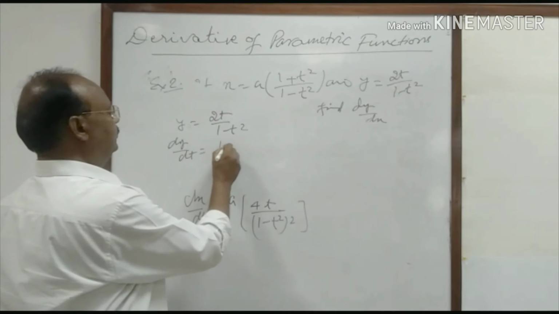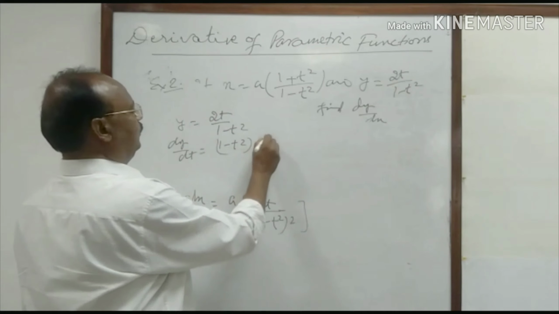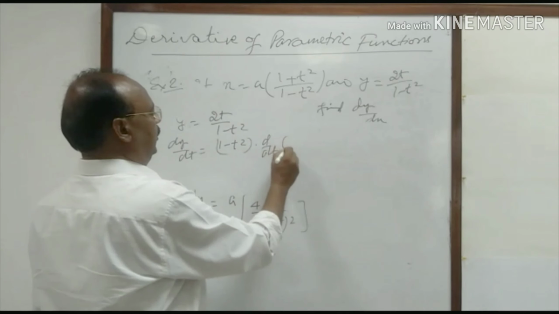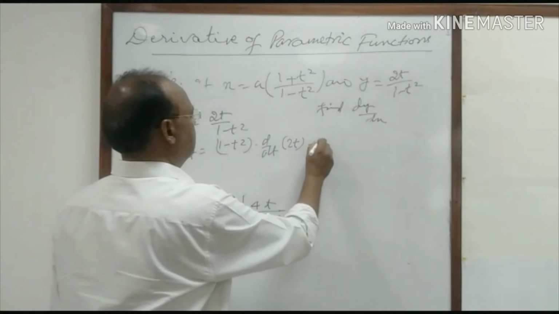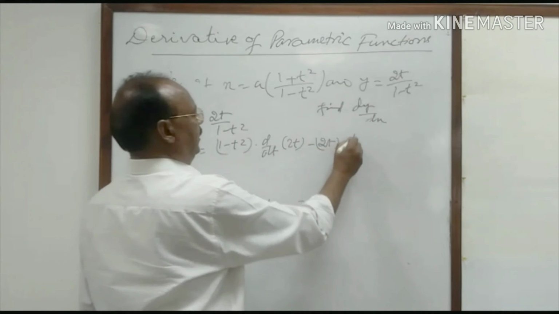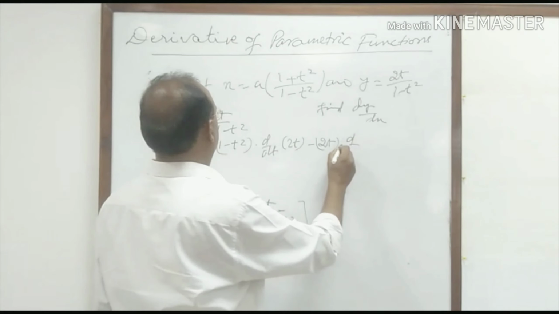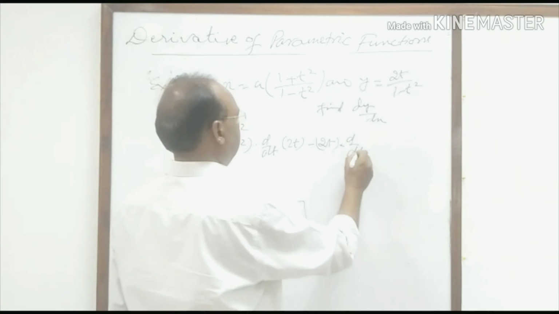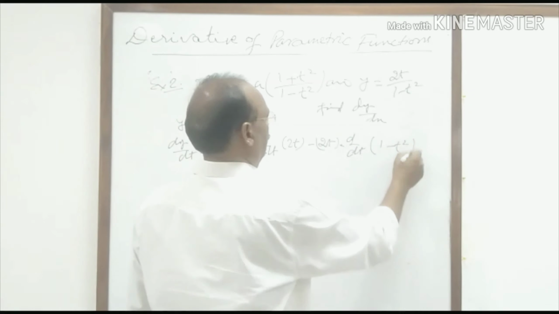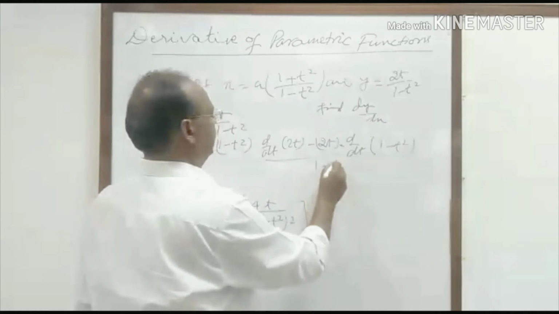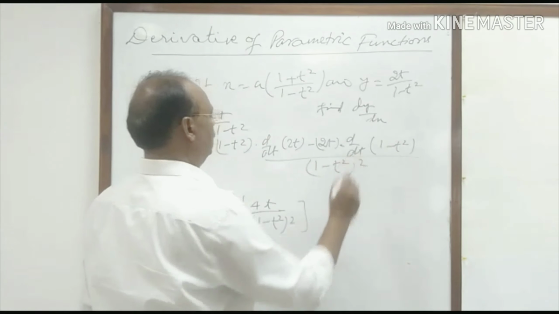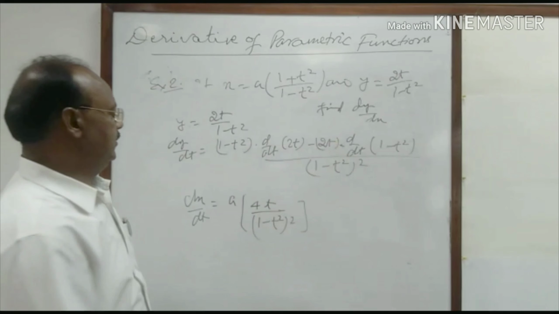So it is the denominator into the derivative of the numerator, minus the numerator into the derivative of the denominator, upon the denominator whole square. Now simplify it.